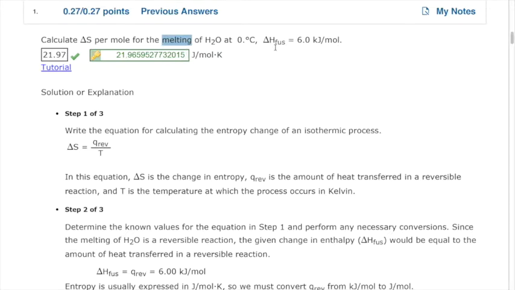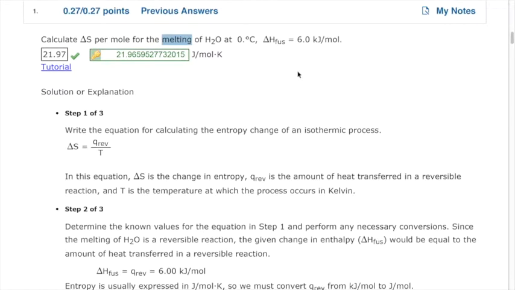And as I already said, delta H fusion represents the enthalpy change or heat change during the phase change between solid and liquid. Melting is a phase change between solid and liquid. So we have to understand that in this case, delta H is Q, because Q is generally just heat change for a process. So we're going to use delta H as Q.